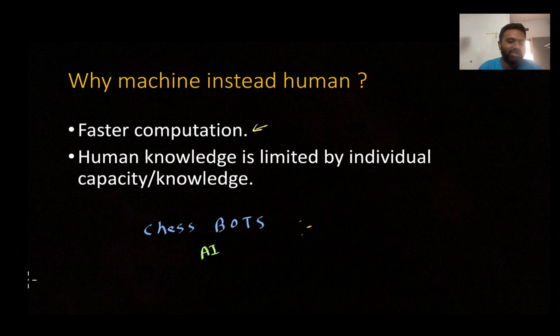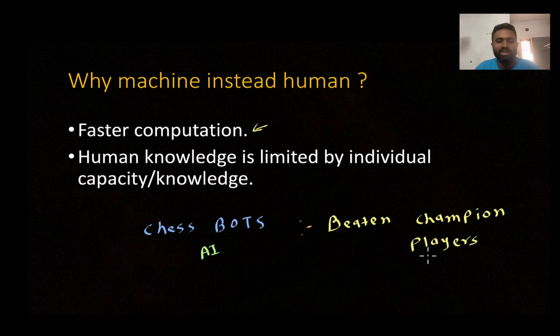In many cases, these bots have beaten a world champion also, beaten champion chess players. That's how wonderfully this domain is progressing. The machine is performing a task way better than a single human can perform. That's why machine learning is so popular and useful.